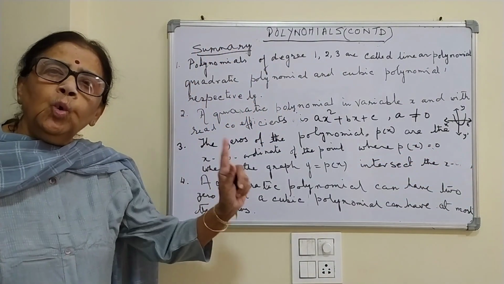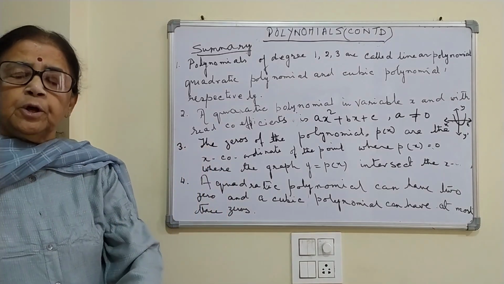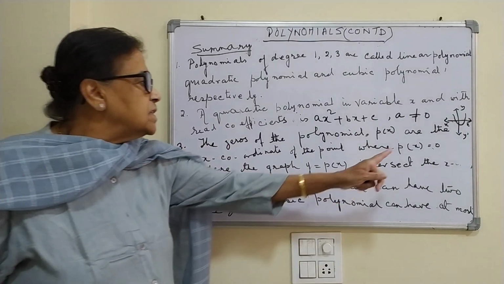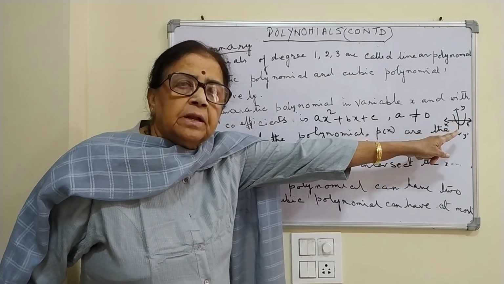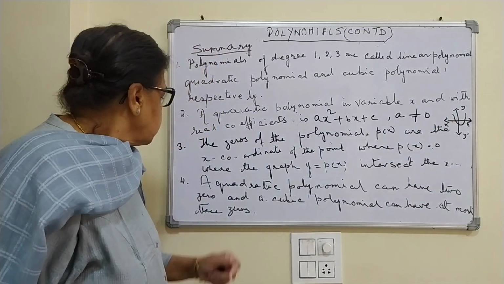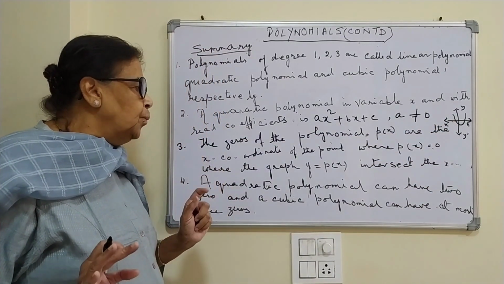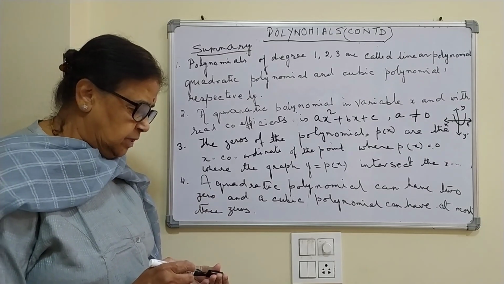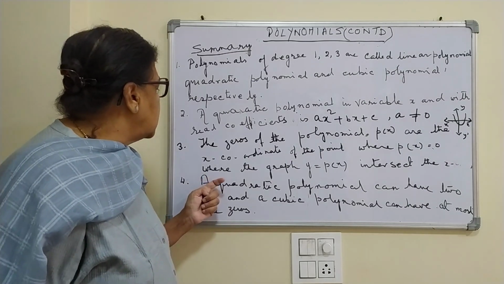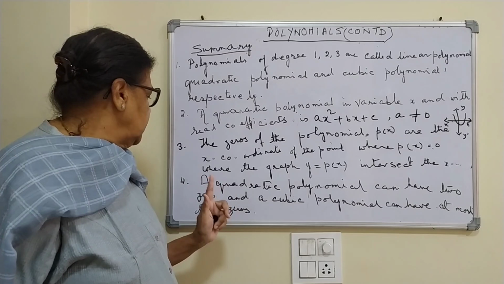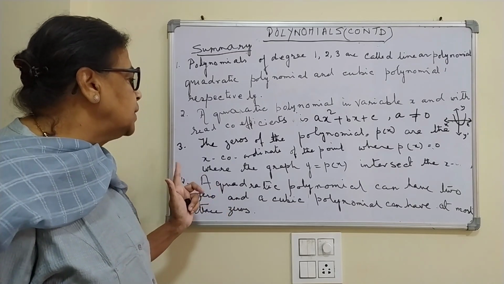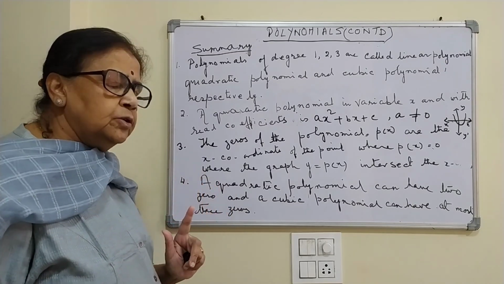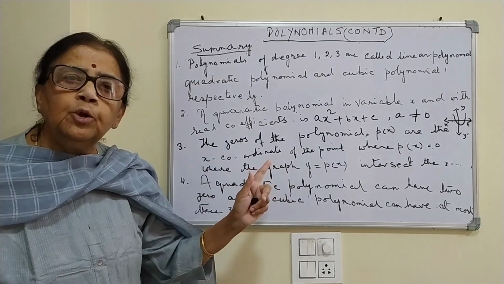It has got two cutting points on the x-axis, that is, this is 1 and that is 2. It has at most 2 points. For a real graph, it has got 2 points. A quadratic polynomial can have 2 zeros. This is called zero of the polynomial.